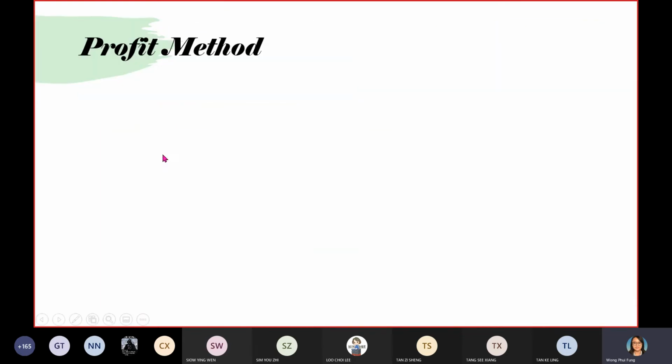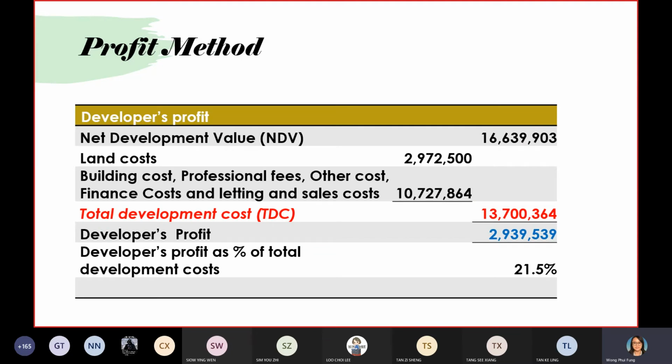All right, last but not least, here this part is the revenue that you calculated at the beginning. This is the land cost. This is the other cost like building, professional fee, funding, letting and sales fee. So you add up A and B, it becomes this one.